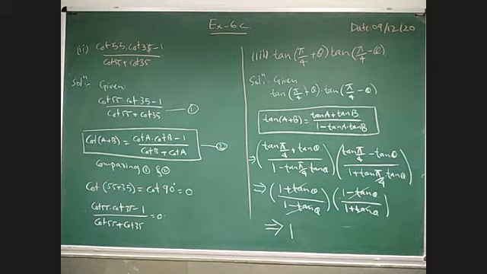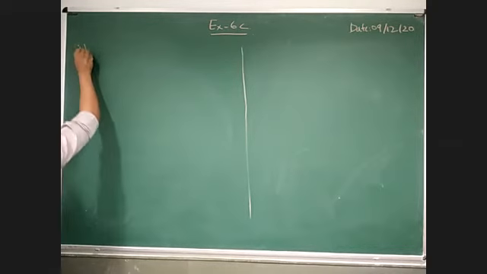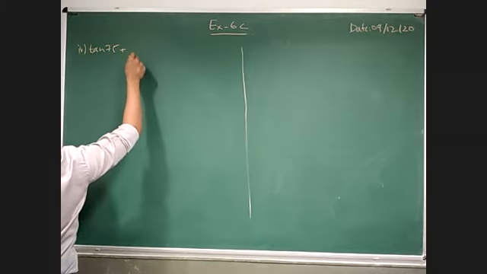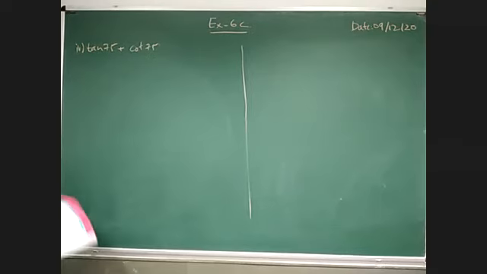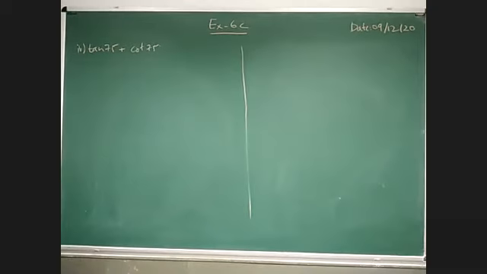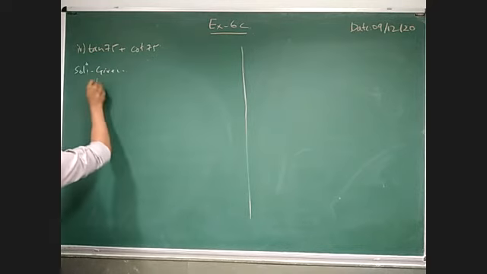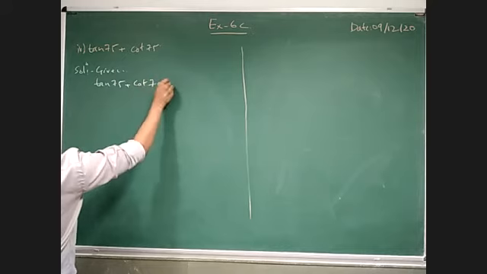The next question is tan 75 plus cot 75. We already derived the value of tan 75 and cot 75. So the solution will be: the given value is tan 75 plus cot 75.